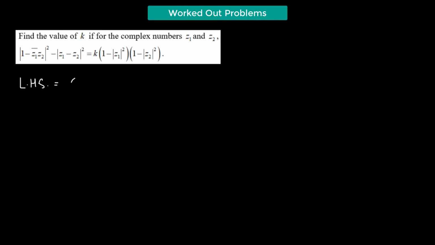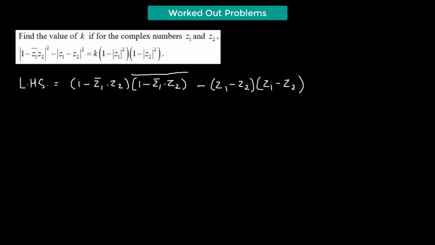So that can be rewritten as 1 minus z1 bar times z2 multiplied by its conjugate, 1 minus z1 times z2 bar, minus z1 minus z2 multiplied by its conjugate, which is z1 bar minus z2 bar.